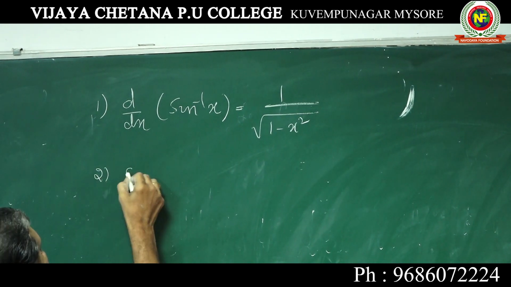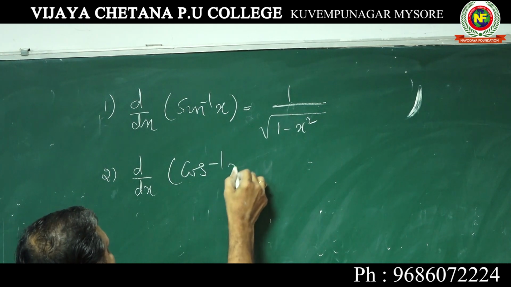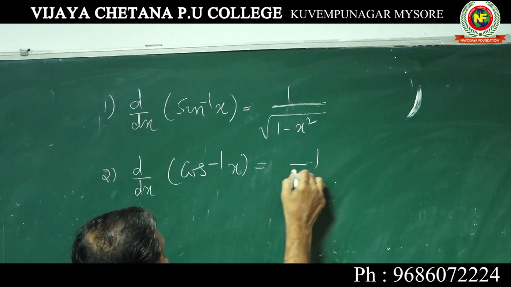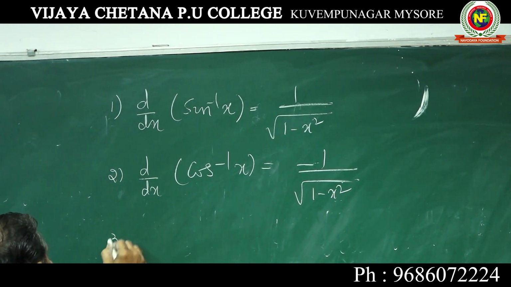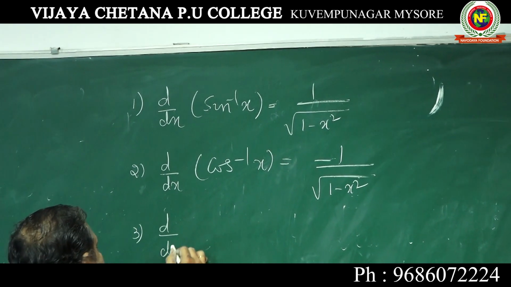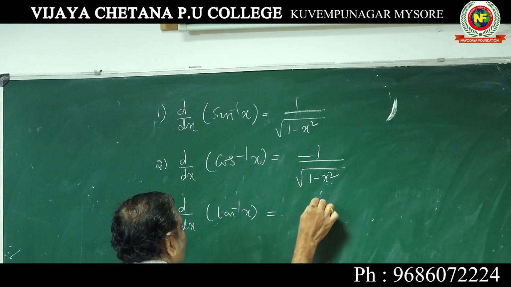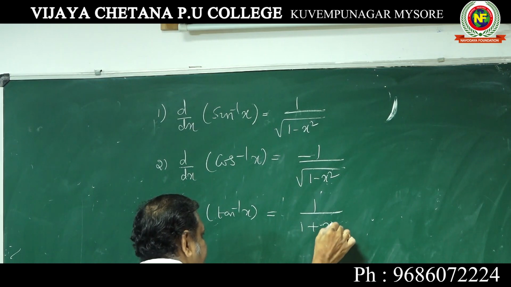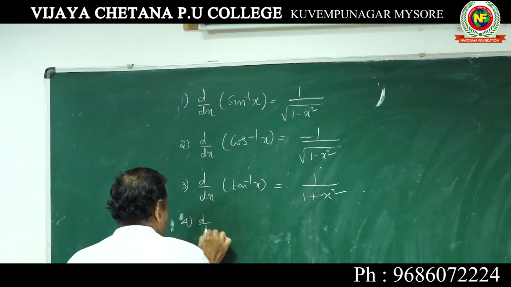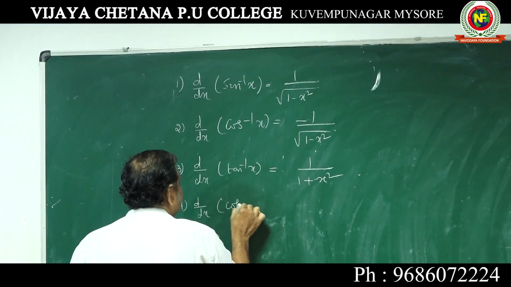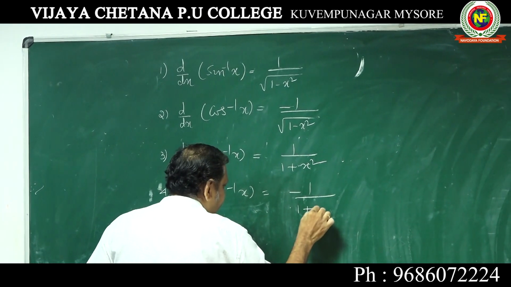Second one, d by dx of cos inverse x is minus 1 over root of 1 minus x square. Third one, d by dx of tan inverse x is 1 over 1 plus x square. Fourth one, d by dx of cot inverse x is minus 1 over 1 plus x square.